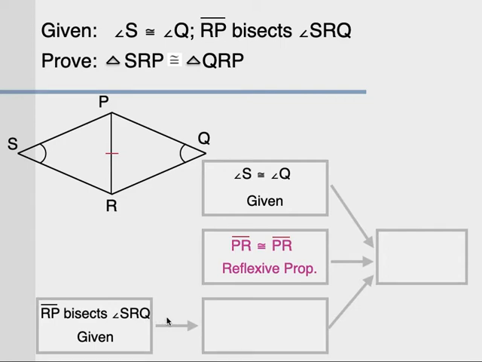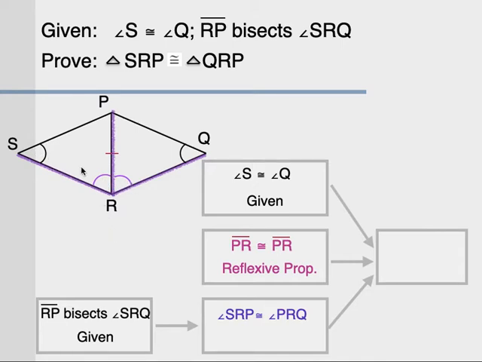A good rule of thumb when you see a word like bisect or midpoint or anything like that is go find the thing that's being cut into equal halves on your diagram, in this case angle SRQ, and highlight it. Highlight angle SRQ. So that V at R is what is being cut into equal halves by segment RP. So if you cut the angle into equal halves, you could say that each half angle equals the other half angle.